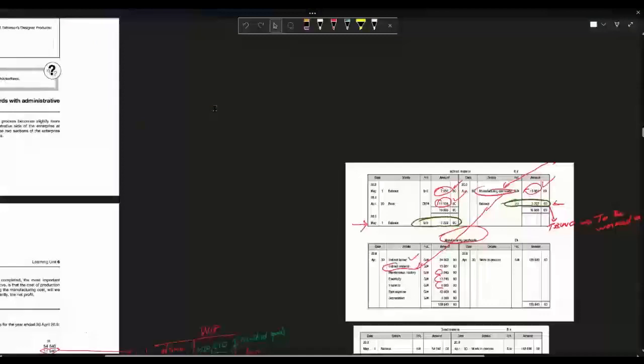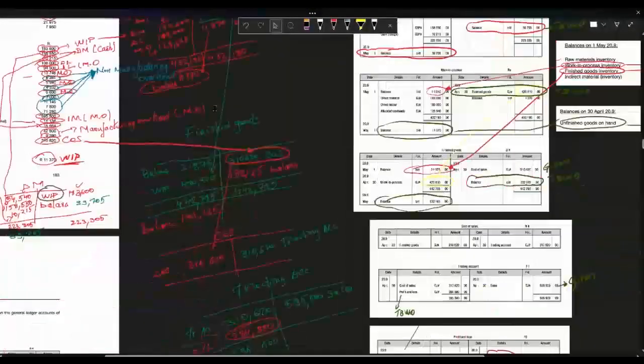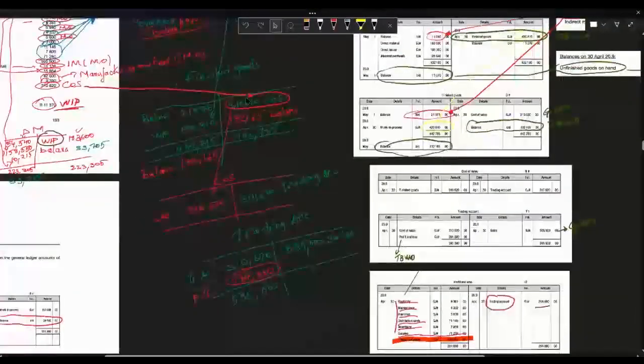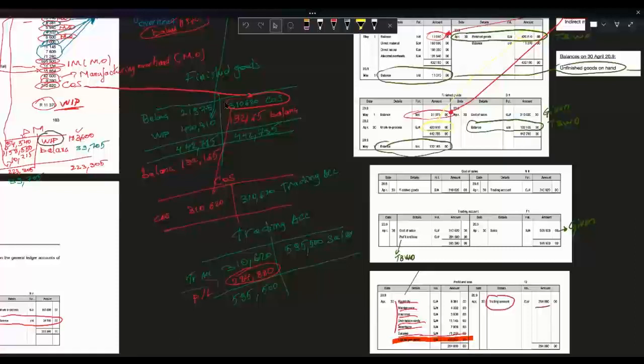If you remember, let me remind you again, there is a reason why we include the trading account: we need to cover the cost of sales in order for us to determine whether we made a profit or a loss.